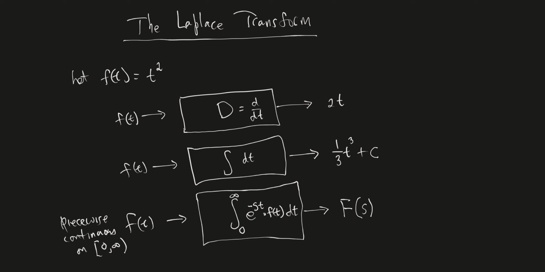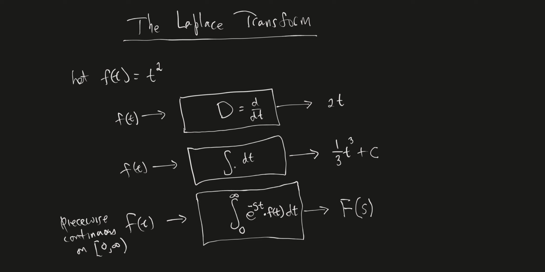And just looking at this, without going into a lot of the details just yet, you can see that this third transform that I've written down is fundamentally different from the first two. Because when I transform something based on the derivative, I don't change the independent variable. It's still a function of t.